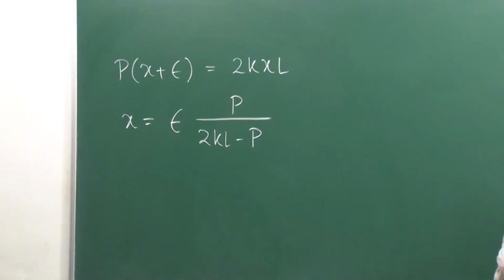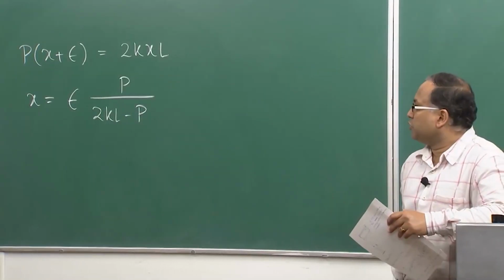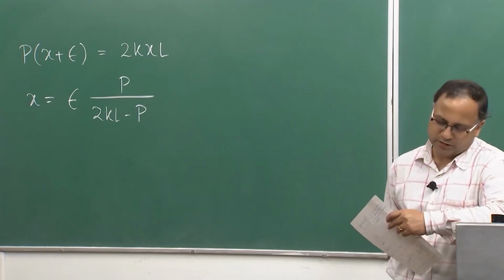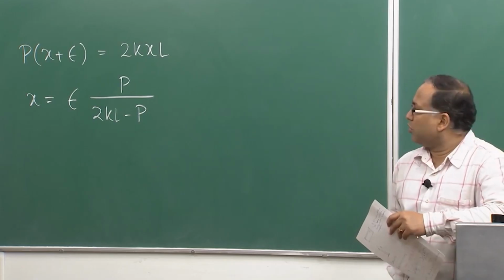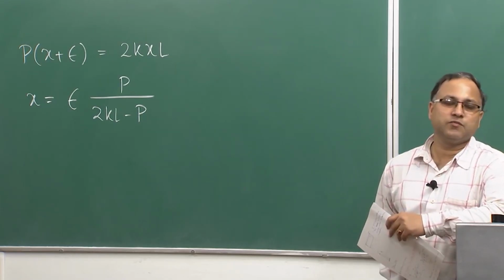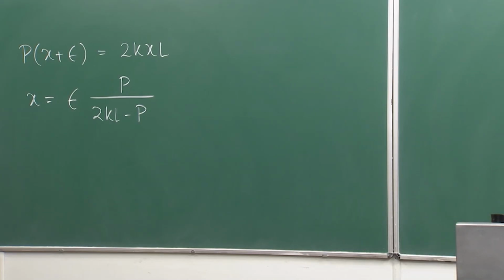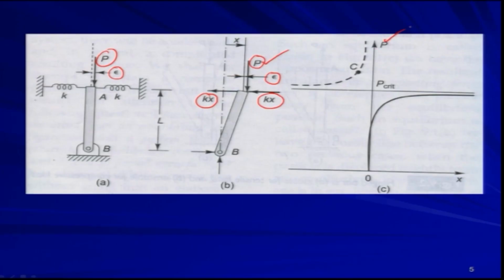So, this is the distance. What is this x? X is the maximum distance up to which there is no problem, so the system is under equilibrium, or stable situation. Once you cross this x, immediately the system will be under unstable situation. Now if you look at this figure, you draw P versus x. For small values of P, your x is also very small.